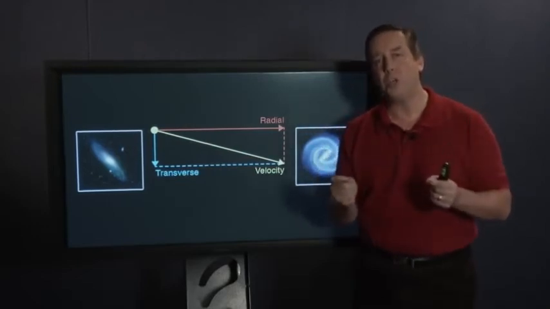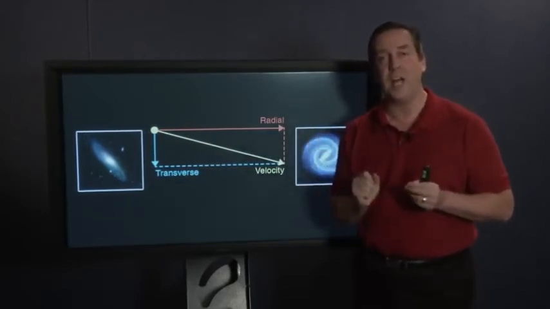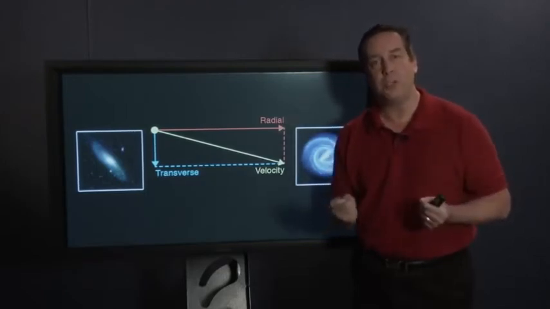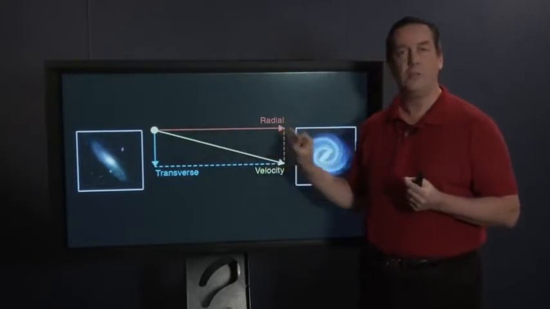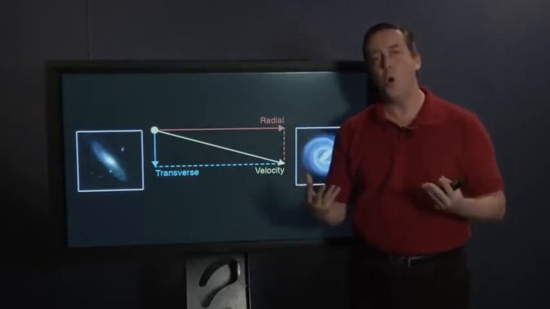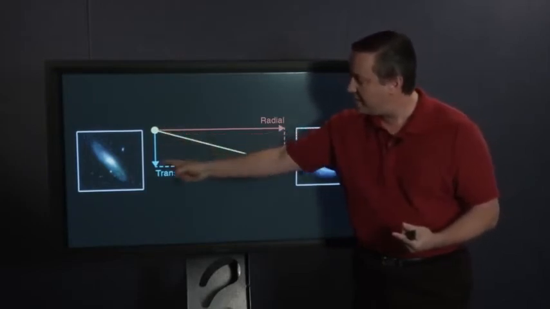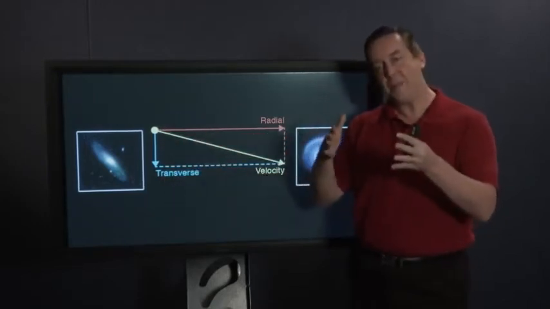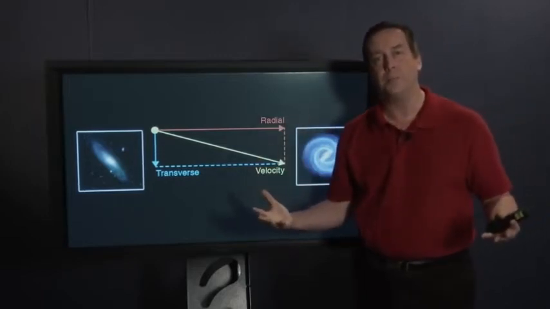Now, when we measure the motion due to the red shifting and blue shifting of the lines, we're using Doppler shift, and Doppler shift only measures the radial component of the motion. So we know that Andromeda is coming towards us, but if Andromeda has a big enough transverse motion, it might circle around us, it might slide past us, and we won't have a collision.